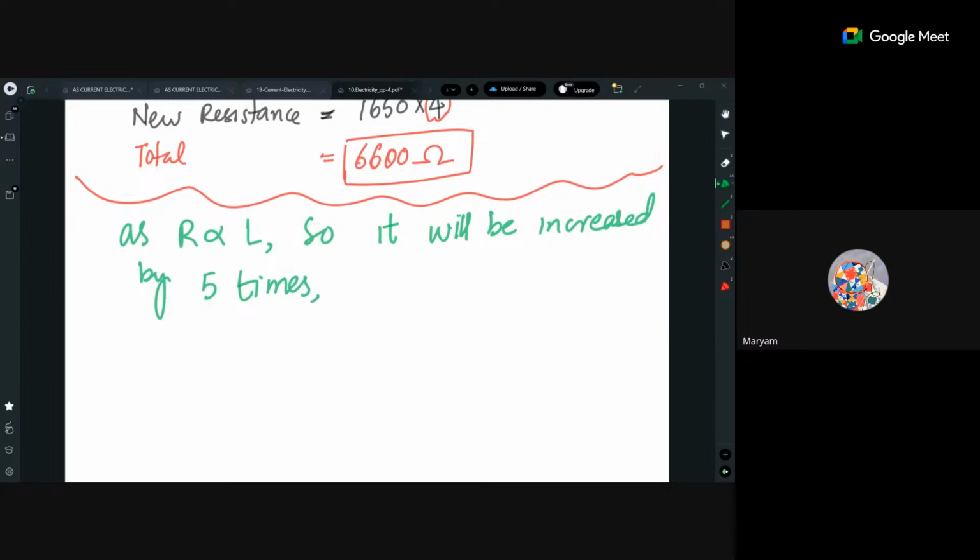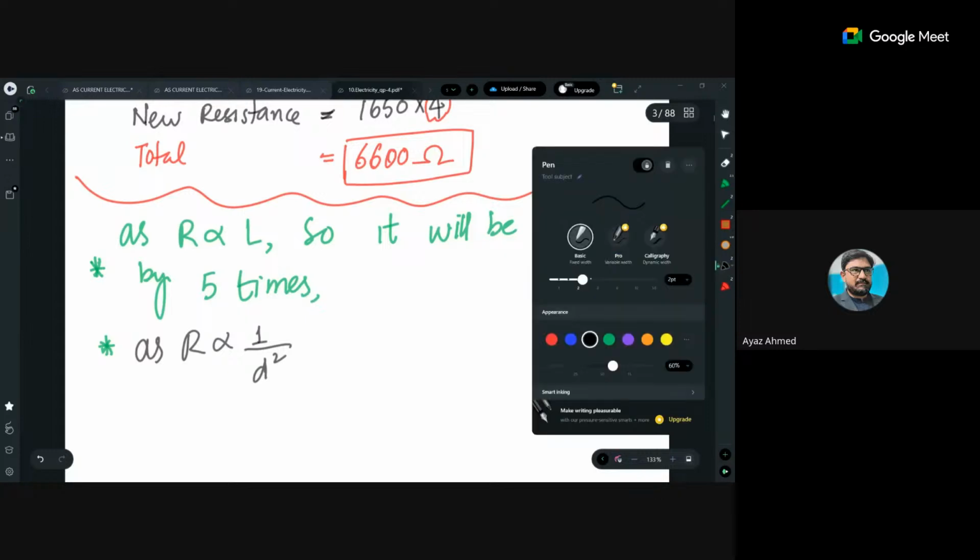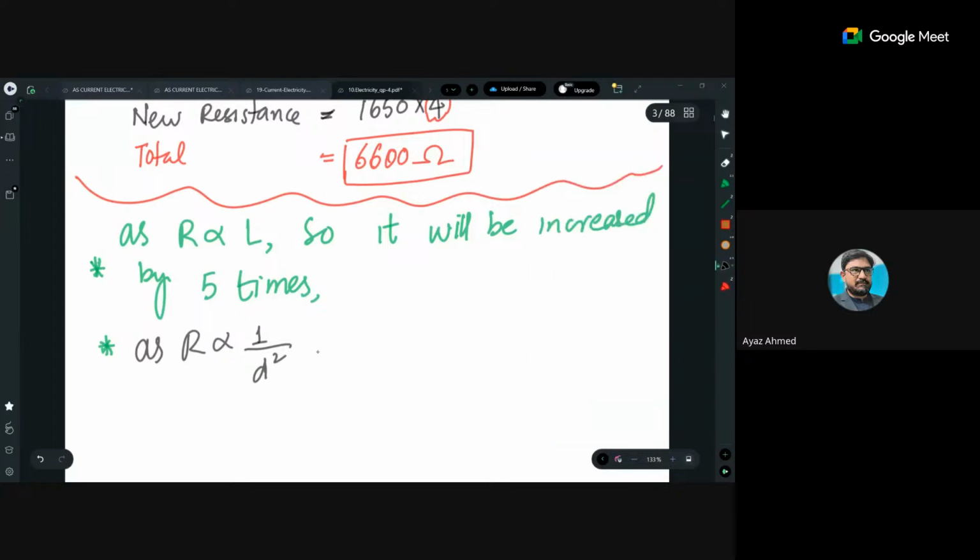This is your logic number 1, I mean, information number 1. Secondly, as resistance is inversely proportional to square of diameter, it will be decreased by 4 times. So resistance will, just a second. Rather, let's do it like this here. There is one more point I want to add here.